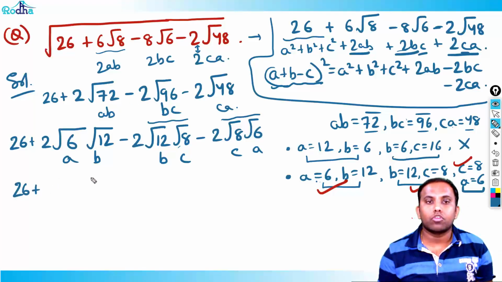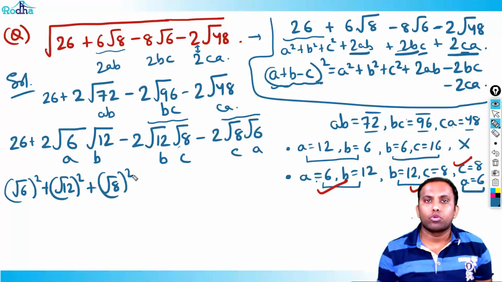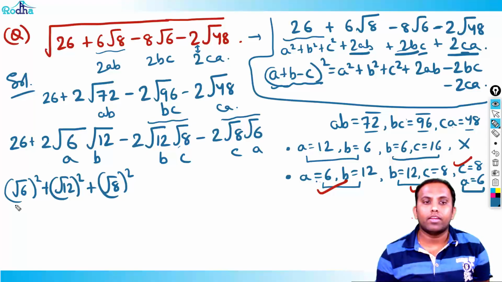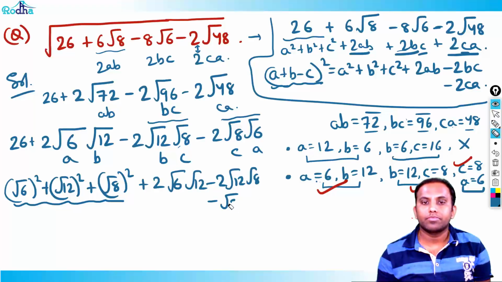So I should write like this here. 26 plus, and you should also check that A square plus B square plus C square is 26 satisfied. So root 6 square plus root 12 square plus root 8 square; I can take plus 8 because minus root 8 square is plus 8 only. So it is 26 satisfied. A square plus B square plus C square plus 2AB plus 2BC minus 2CA.